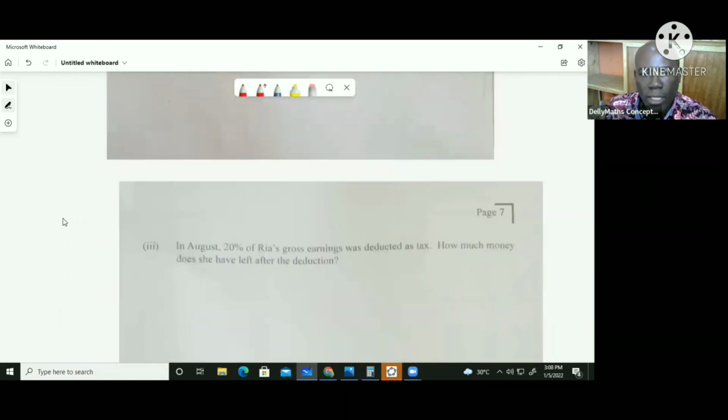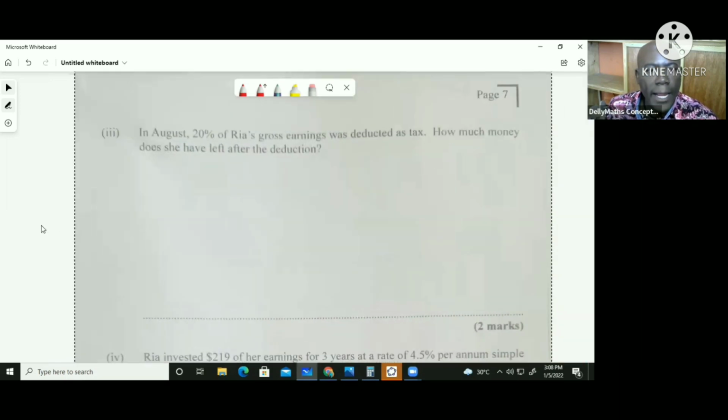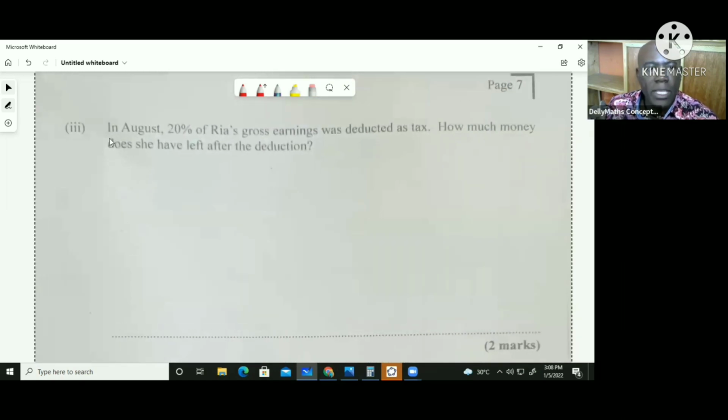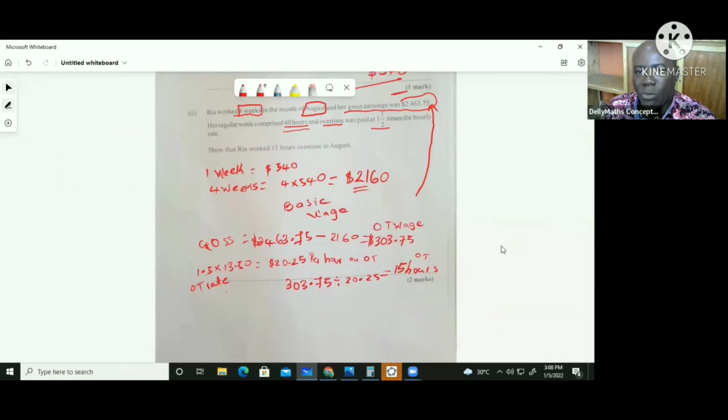All right, let's move on to the other part of the question. Now we went further. It says in August, 20% of Rhea's gross salary was deducted as tax. How much money does she have left after the deduction? Let's go back for her total money, not to make any mistake.